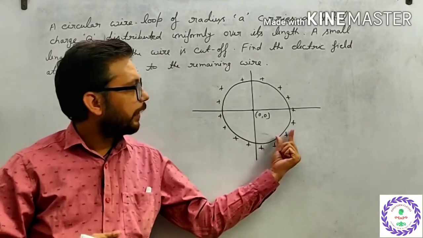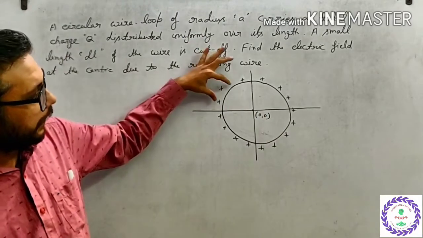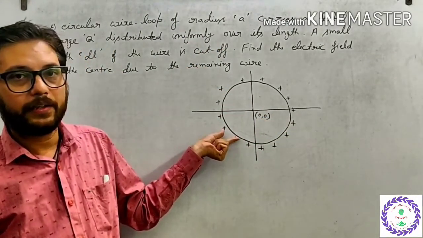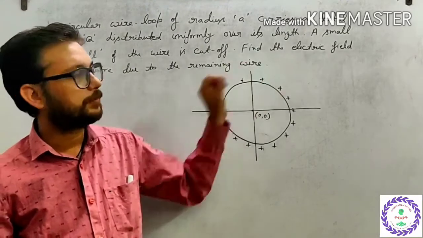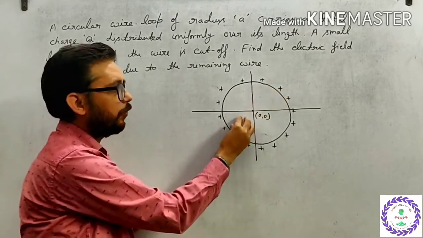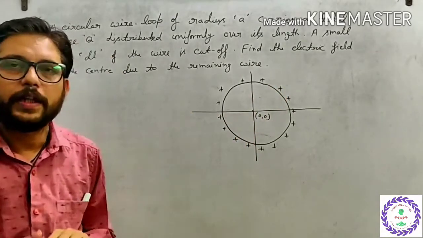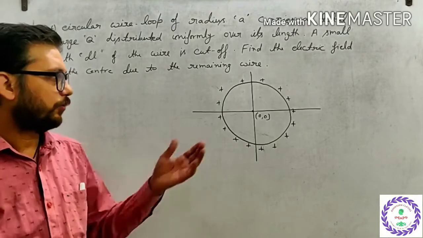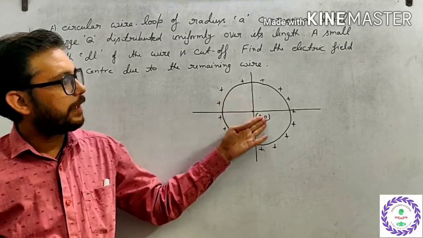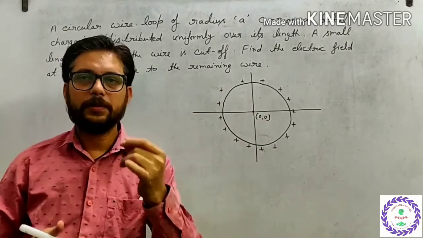If we cut an element here, then the direction will be this way, and similarly for the other quadrants. So this portion and this portion are opposite to each other according to the direction of electric field, so they will cancel out each other. Similarly, these two will cancel out each other. So the electric field at the center will become 0.